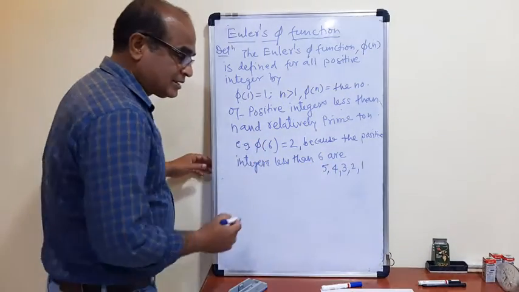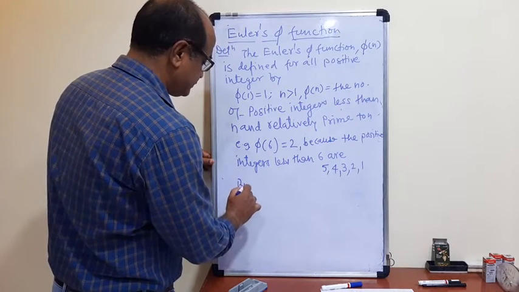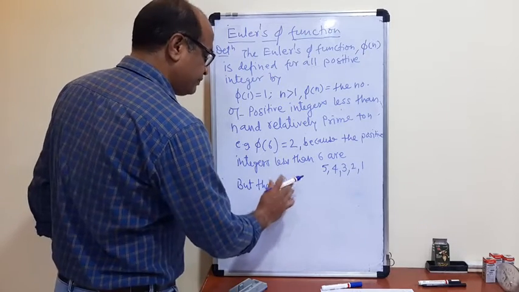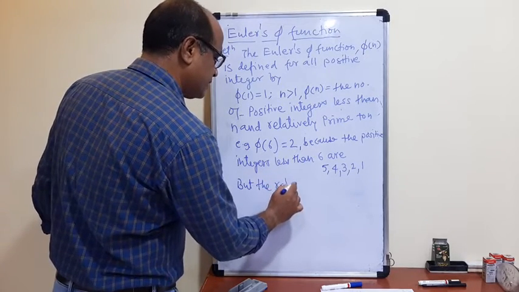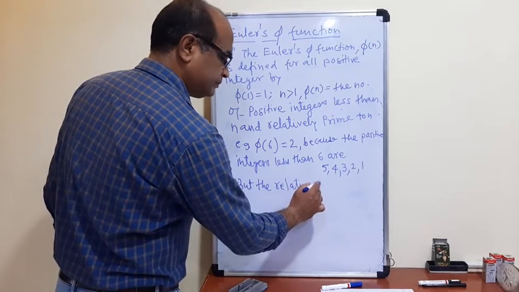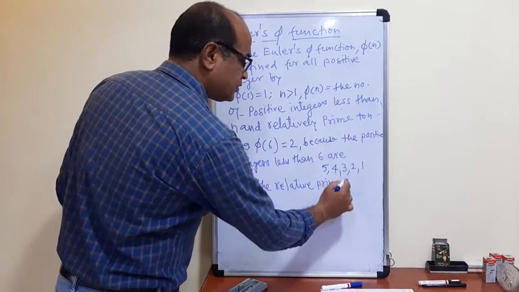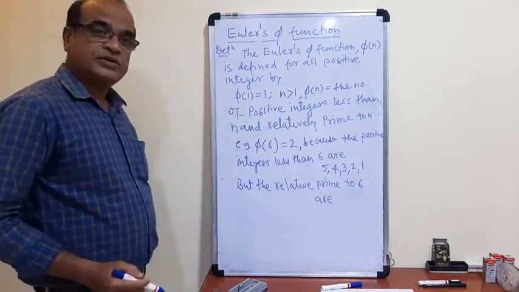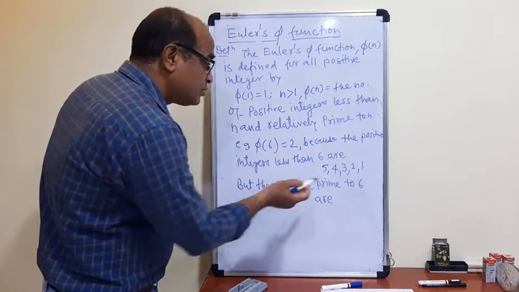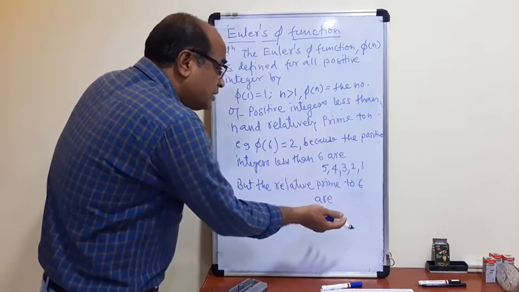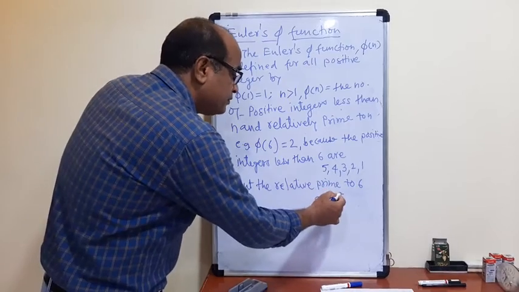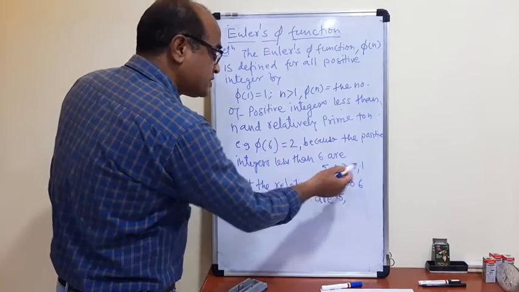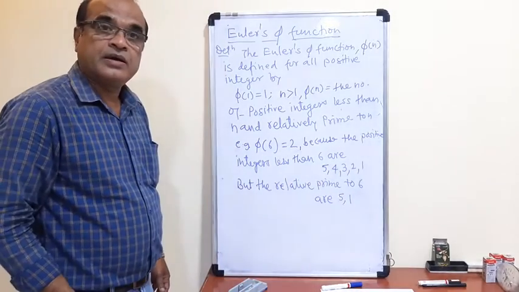The integers relatively prime to 6 are 5 and 1.